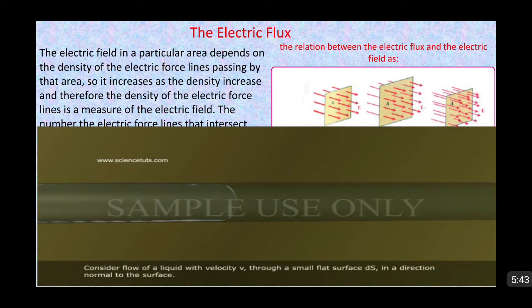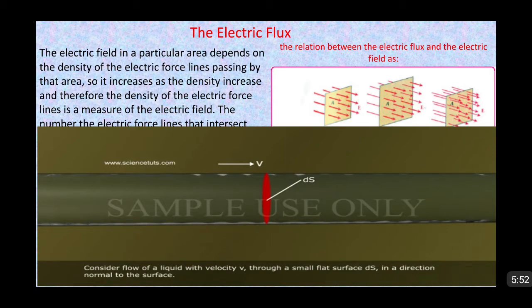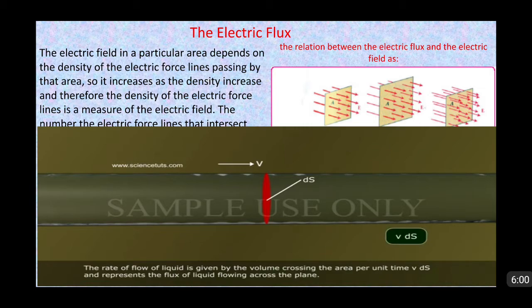Consider flow of a liquid with velocity v through a small flat surface ds in a direction normal to the surface. The rate of flow of liquid is given by the volume crossing the area per unit time, v ds, and represents the flux of liquid flowing across the plane.